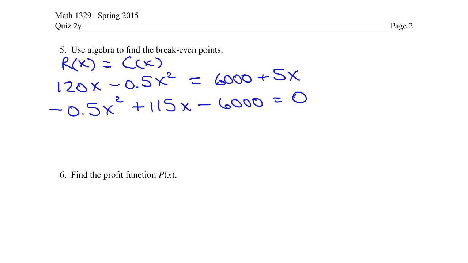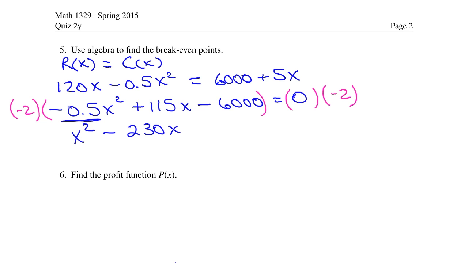To make it easier to solve this function, I'm going to multiply both sides by negative 2. I choose negative 2 because that's the number I can multiply by to get rid of the leading coefficient of negative 0.5. Multiplying by negative 2 gives me x squared minus 230x plus 12,000.